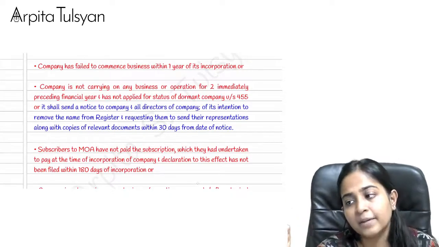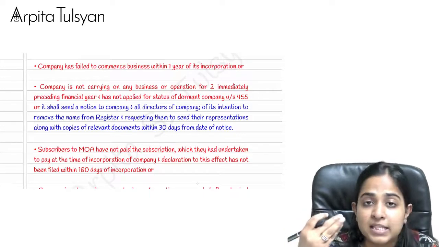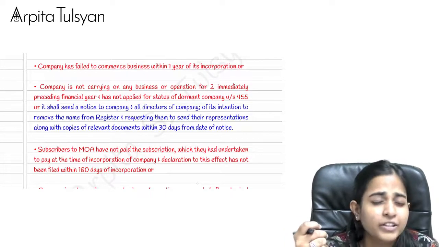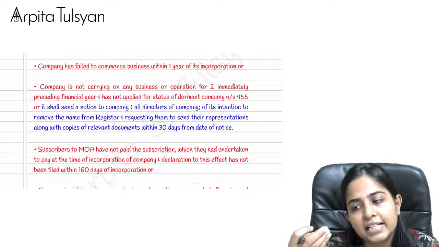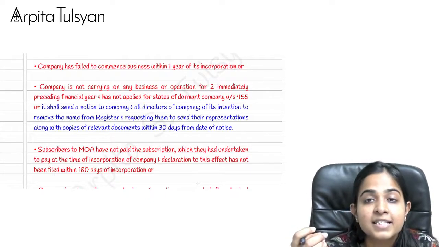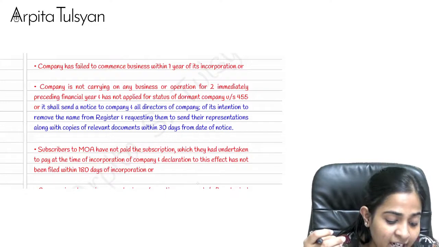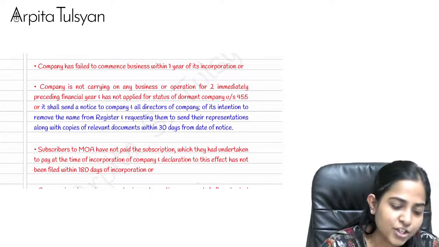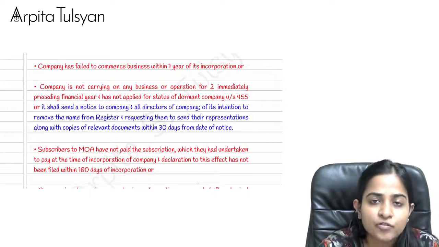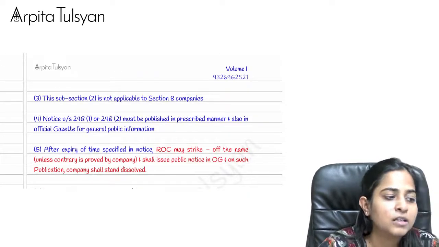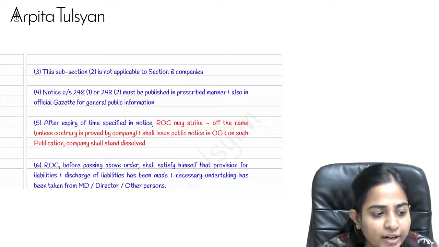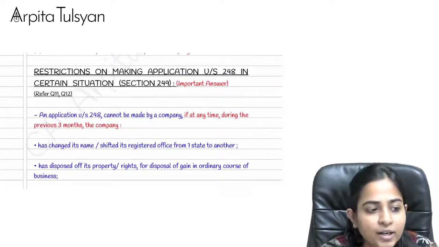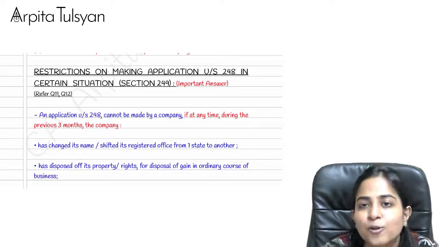Then, if the subscribers did not pay the subscription money and no declaration was submitted to the ROC within 180 days. And last, if the company is engaged in any other activity, as revealed after physical verification was done. So we just studied these four circumstances under section 248. The section number is important, as well as the content.